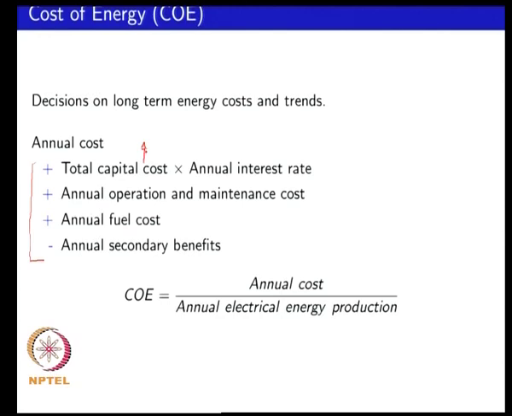Okay. If you have one equipment which will produce energy with some degree of efficiency, and then you have another equipment which produces with a higher degree of efficiency, then typically you will have to pay more for something which is more efficient.